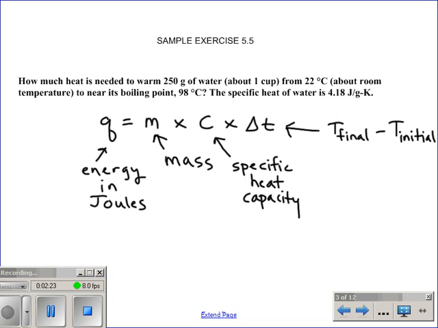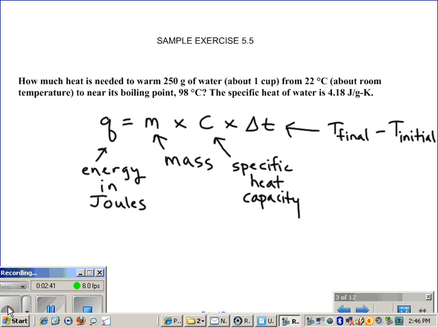All right, so continuing on with this, now we need to figure out what they've given us. They ask us how much heat is needed to warm 250 grams. So we're going to be solving for Q, which is the energy in joules. And to do that, okay, sorry, had to fix my headphones there. Okay, so to do that, we are going to plug some numbers into our equation. We don't know what Q is.